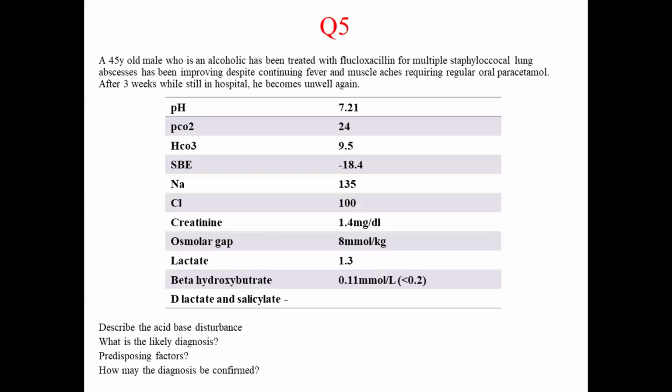Yes, in malnourished individuals there will be low glutamate stores, or in patients with liver or kidney issues, or patients on medications like flucloxacillin, or rarely vigabatrin, which is one more drug that causes this. So this patient was on flucloxacillin, and because he had persistent fever, he was on paracetamol, and both of these have led to his pyroglutamic acid acidosis.